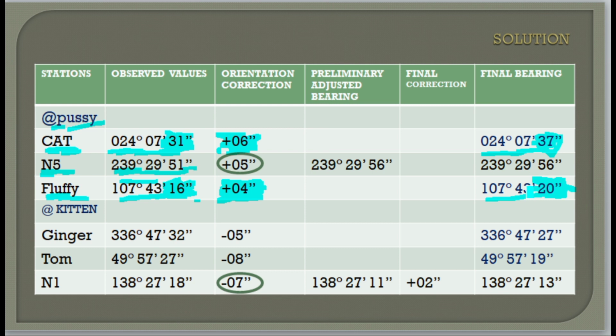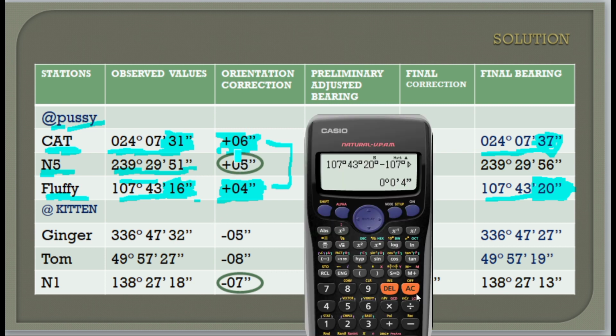After doing that, you use both of the values provided to you on the orientation correction. That is 0.6 seconds plus 0.4 seconds. We get a total of 10.